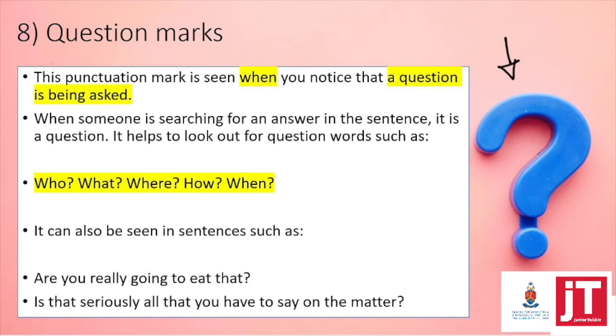It helps to look for question words, such as who, what, where, how, and when. If you see these words, chances are someone is asking a question. But that's not necessarily the only time someone is asking a question.